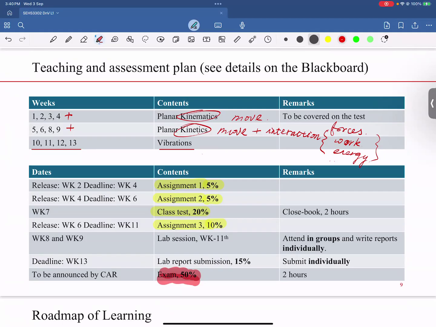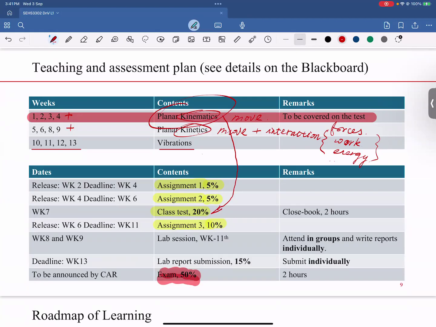So what is the coverage of the class test? 考到哪里啊？就前4周学的内容，但前4周学不完。我指的是 planar kinematics，不是指的前4周。OK, sometimes we need 1 more week to complete the planar kinematics. So I just would like to ensure the coverage of the test is only about the planar kinematics.